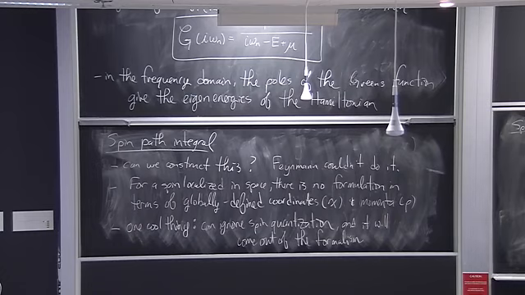So let's just start with a spin S particle, where we have 3 spin components, which are operators. And we'll take these operators and construct the path integral from them.